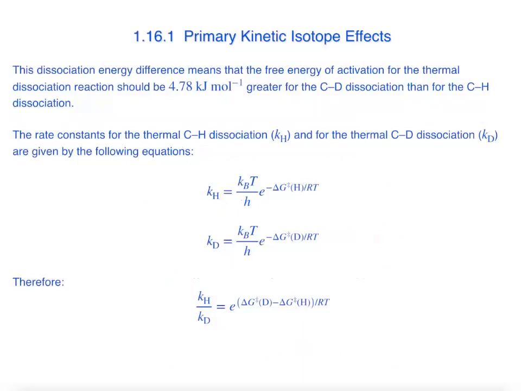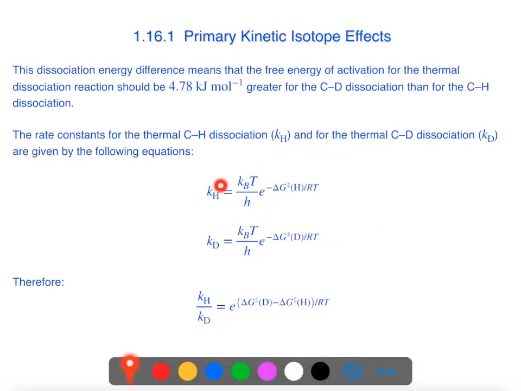The rate constants for the thermal CH dissociation, given as K subscript H, and for the thermal CD dissociation, given as K subscript D, are given by the following expressions. And we saw this earlier when we looked at parallel reactions, where the rate constant can be equated to this quotient multiplied by an exponential in which our exponent contains that free energy of activation.